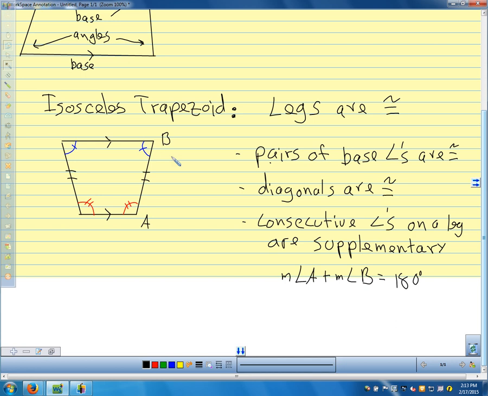And we could also figure that out because these two segments are parallel. There's our transversal, so what kinds of angles are those for these two parallel segments? They're between the parallel lines and on the same side of the transversal. So they're same side interior angles, and same side interior angles are supplementary.